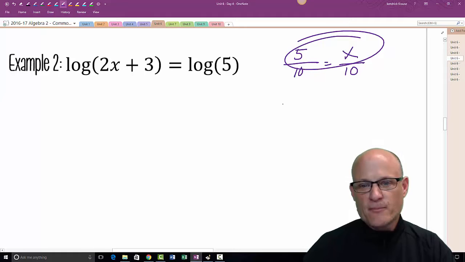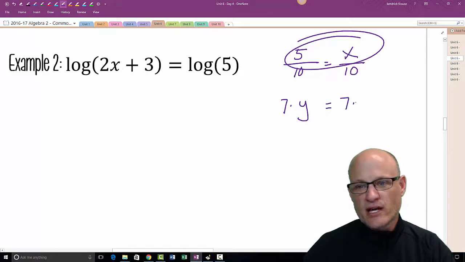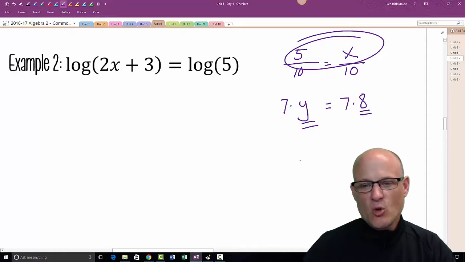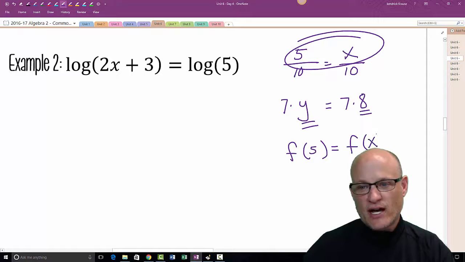What if I said 7 times y is equal to 7 times 8? Would you tell me that y was 8? Sure. What if I said f of 5 is equal to f of x? Would you just say x is equal to 5? And that's what's going on over here.